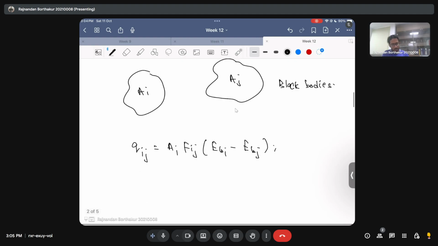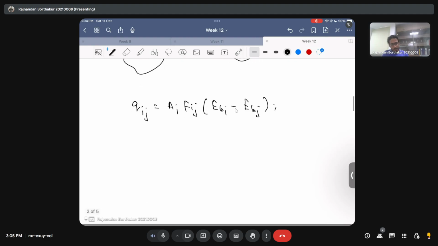Okay. And then what we said is that we can equivalently represent this net radiation exchange by using a radiation network where the nodes were given by the emissive powers of the respective bodies, which were EBI and EBJ.